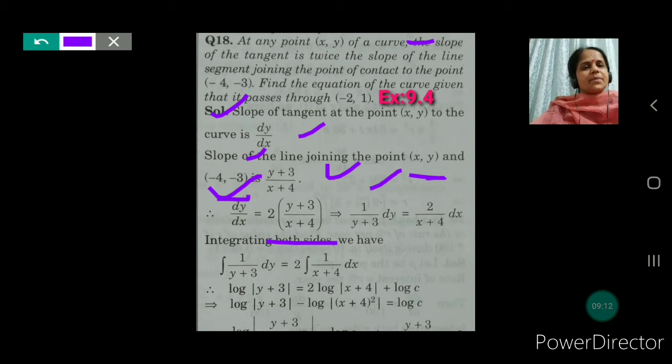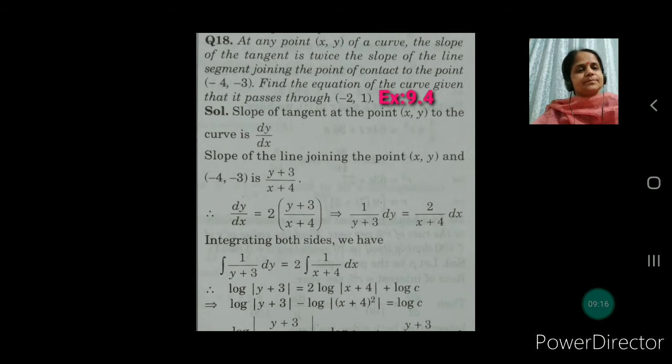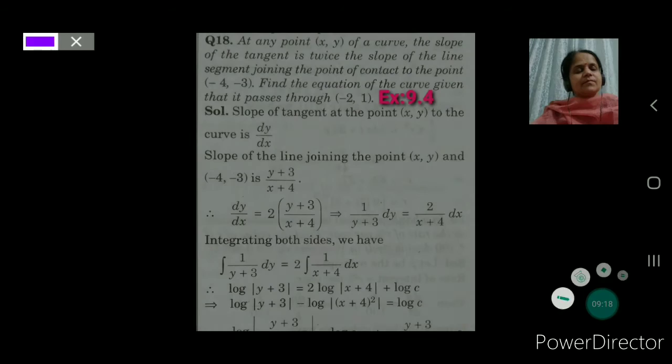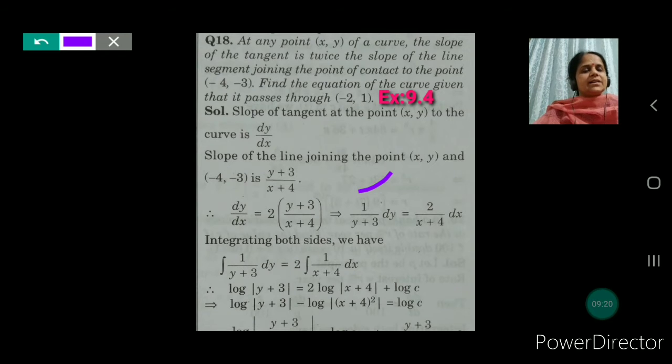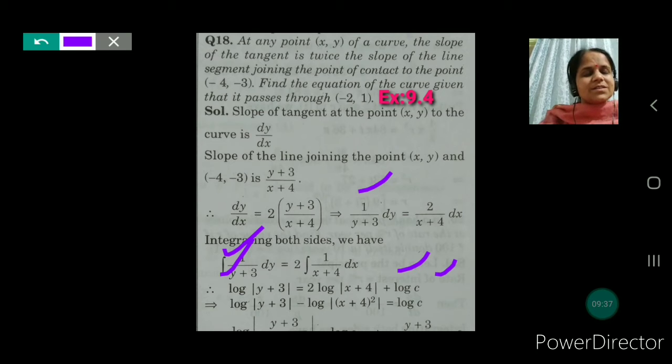And now apply the variable separation method. Okay. So you will get 1 upon (y plus 3) dy is equal to 2 upon (x plus 4) dx. Now integrating both sides, you will get, students, log mod of (y plus 3) is equal to 2 log mod of (x plus 4) plus, taking the constant as log c.